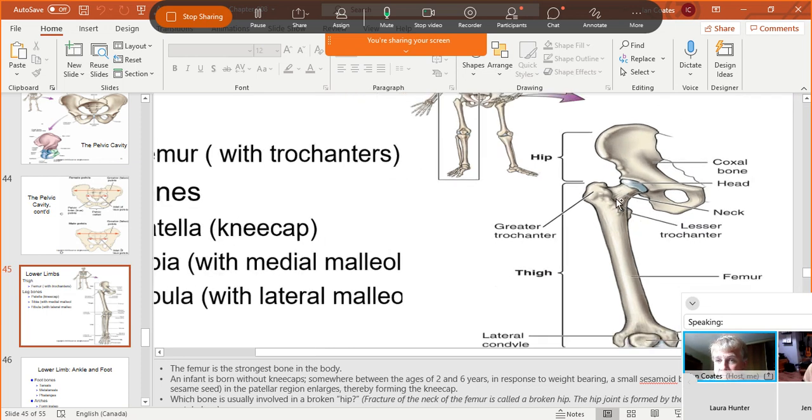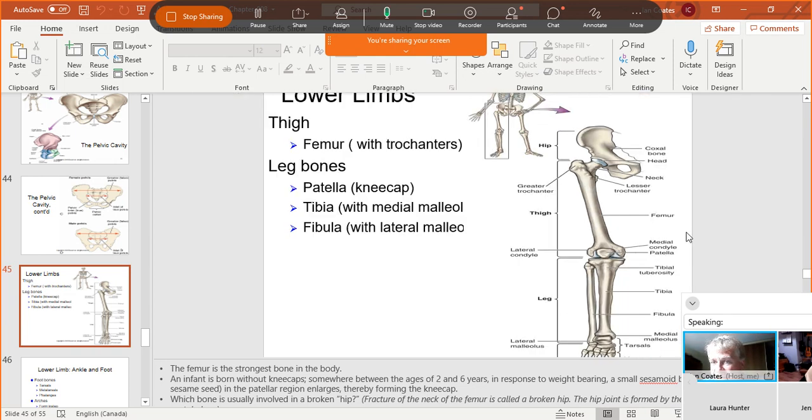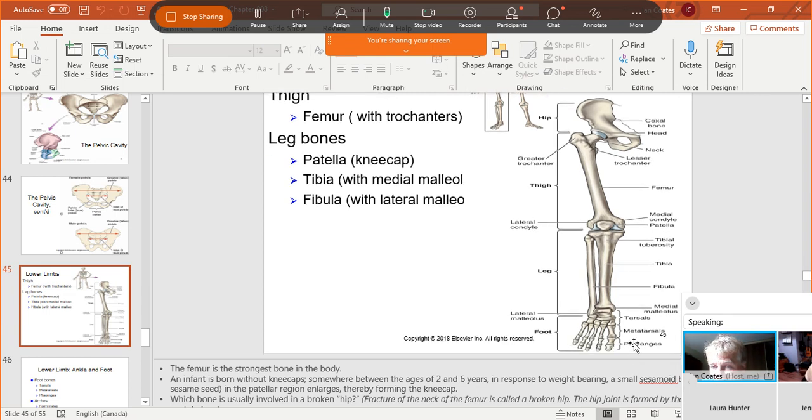So a couple of parts of the femur: you have what's called a greater and lesser trochanter, just for muscle attachments. This is the femur right here, and it creates the joint with the knee. And you have the kneecap right here, aka the patella, and then you have your tibia and your fibula, and then we have our phalanges down in here.